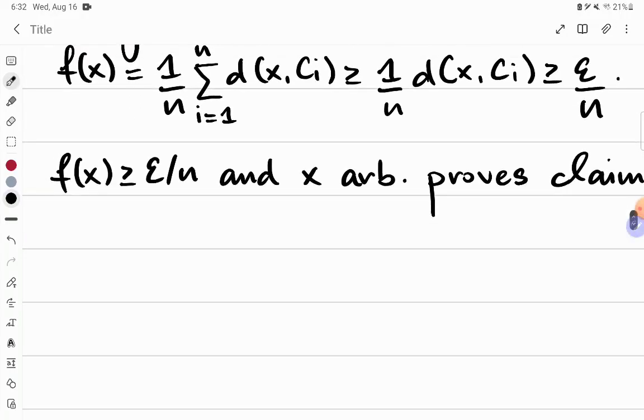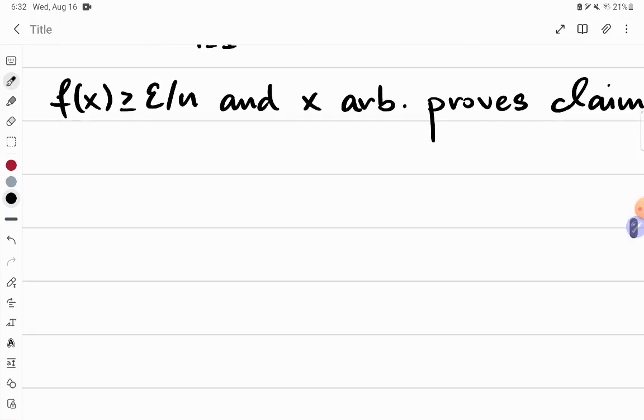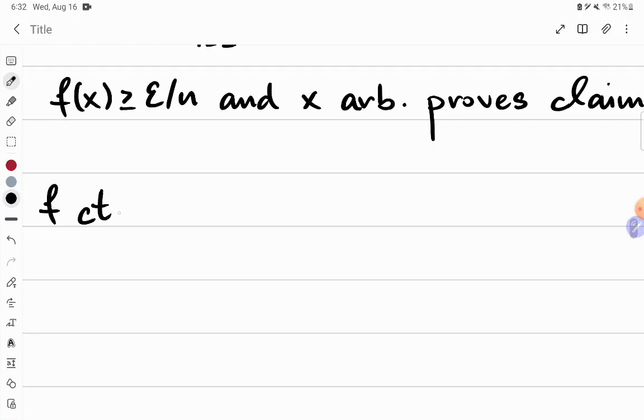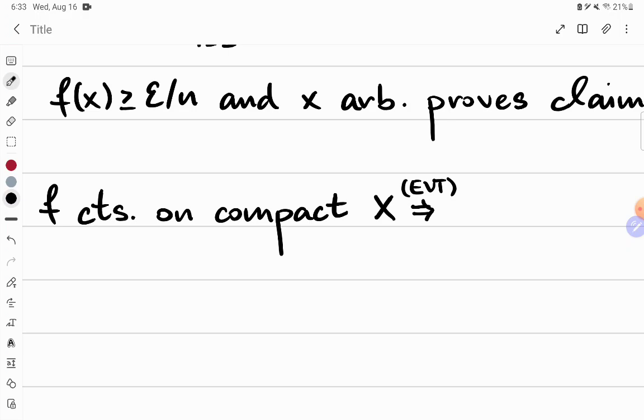Cool. So now that we've shown positivity of f, what else can we extract about this function? Well, it's a continuous function on a compact set, X comma d, or I'll just say X. This is going to be the extreme value theorem, that it obtains its extrema, or optima. It's going to achieve its minimum and maximum value in the real numbers.